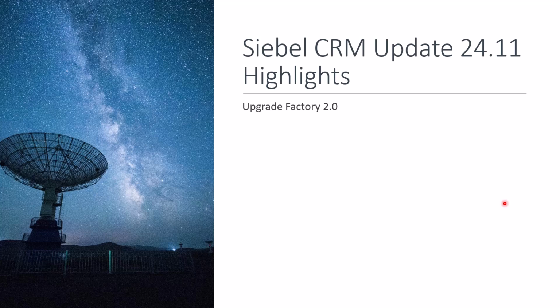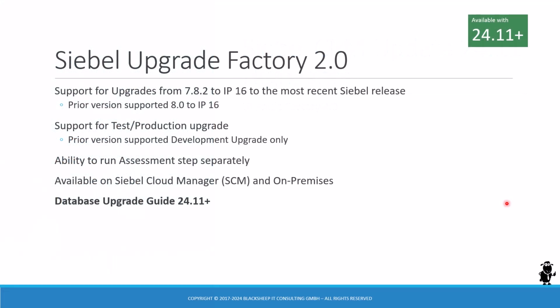And at the time of this recording, just a few weeks ago, Oracle released 24.11 with the Upgrade Factory 2.0. So the upgrade factory, of course, is important if you have not yet upgraded beyond IP17.